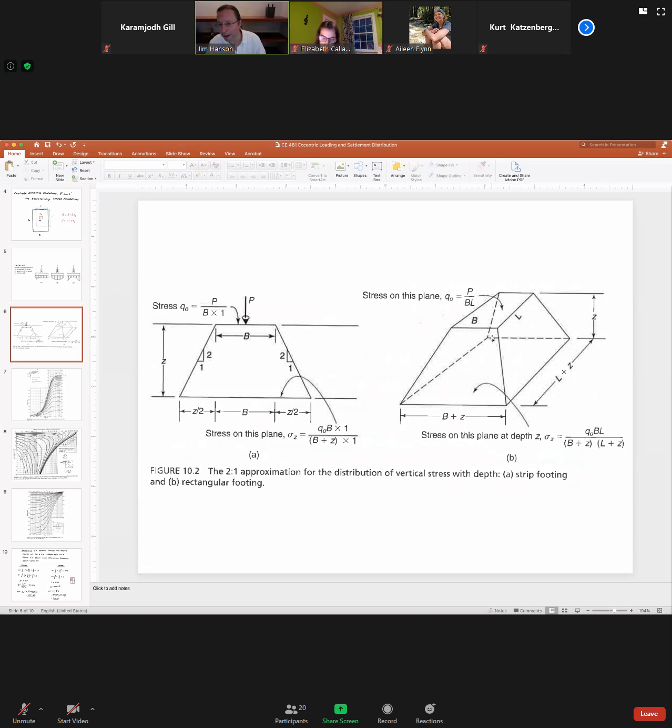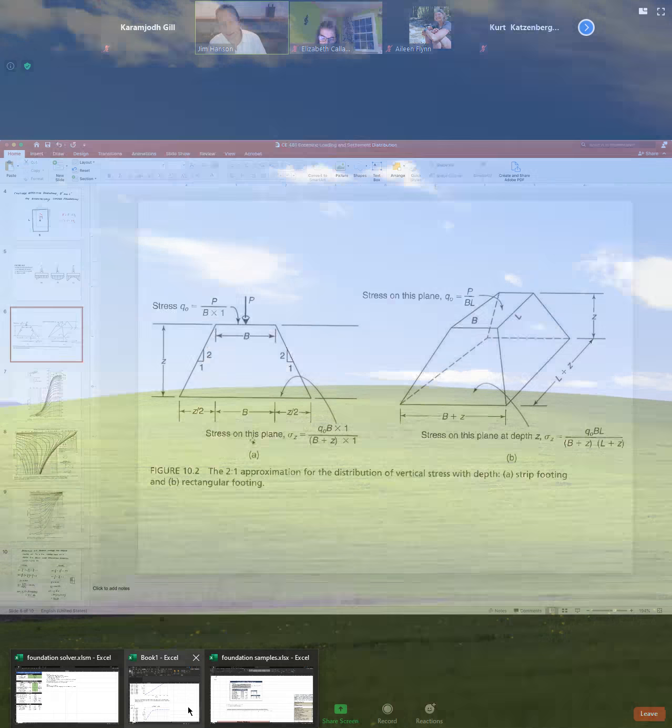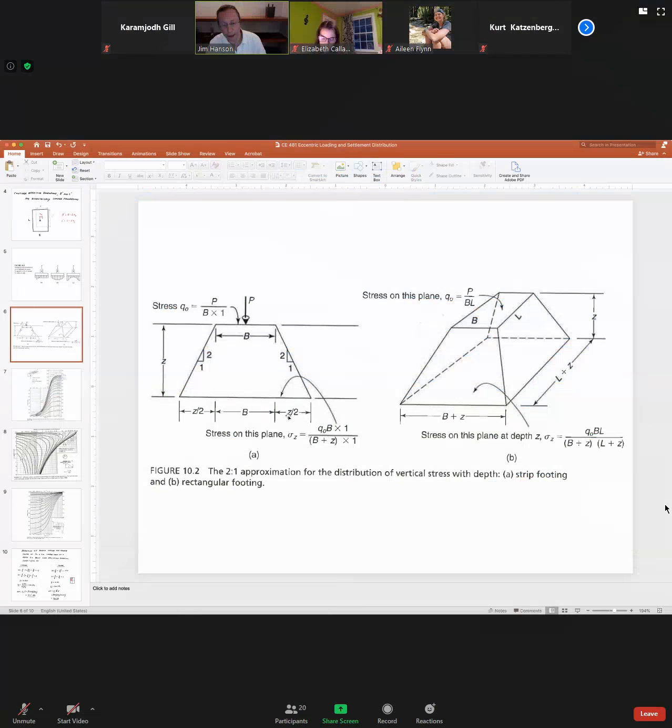It's a bigger area down here. This large rectangle is B plus Z times L plus Z, applying the same logic as we had over here, where it goes Z over 2 in each direction. You have to recognize that's happening both into the page and sideways here.